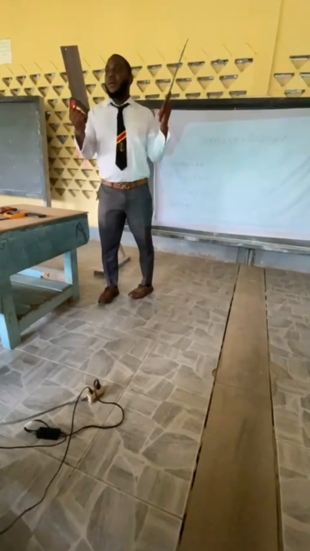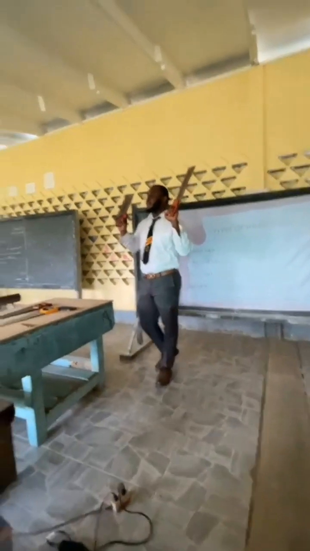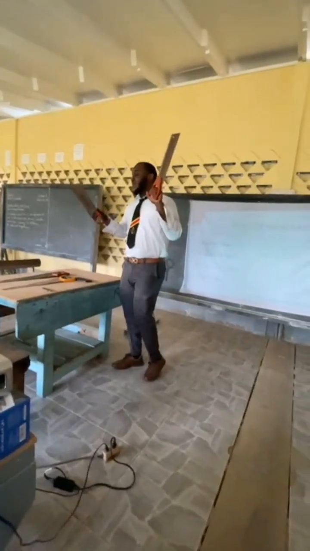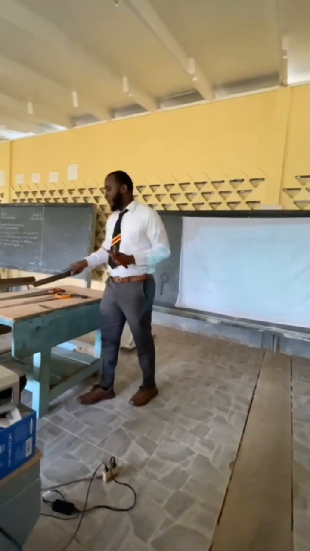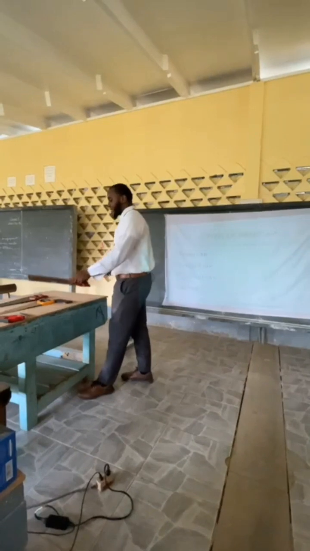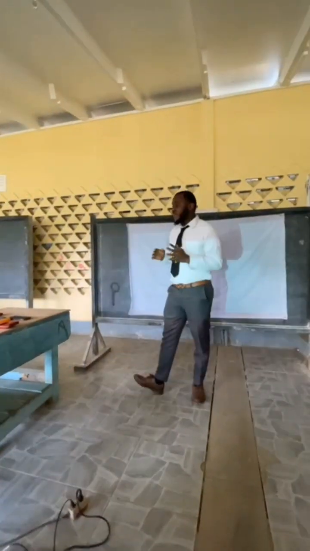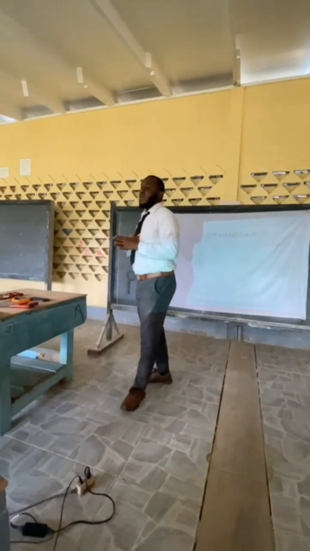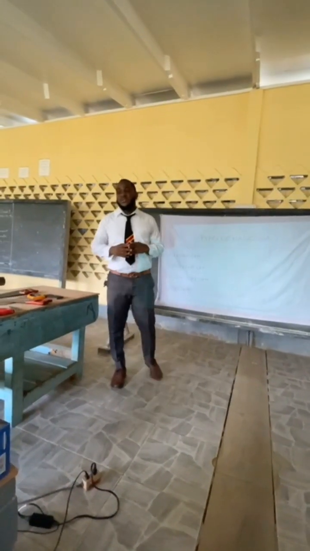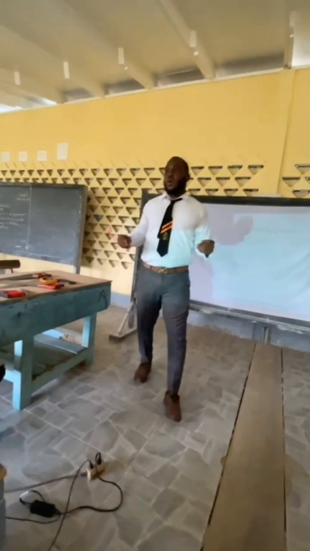Good. So, just examine them, pass them around, be careful with the blade because they are very sharp. And examine them. Good. After examining them, we'll look at each one of these saws individually. Right? Good.